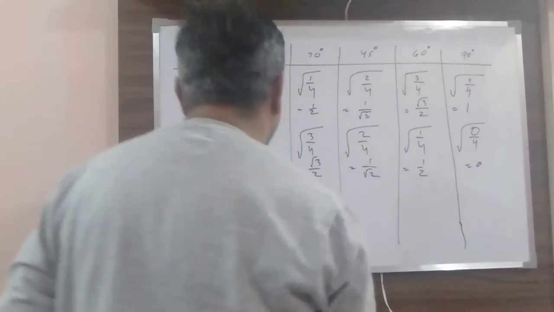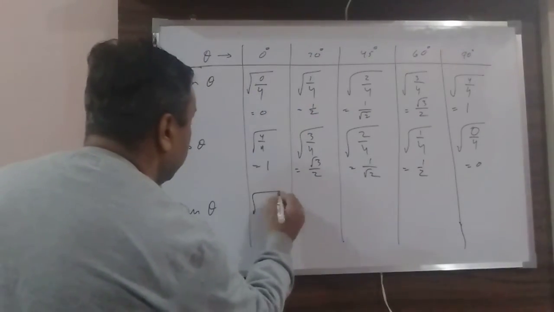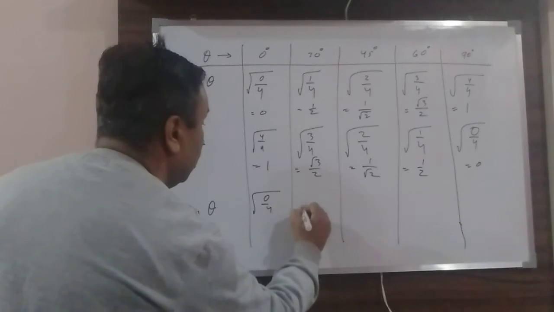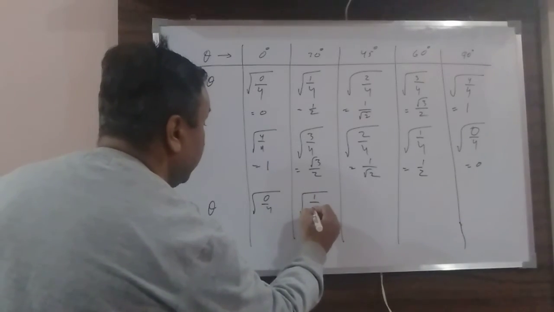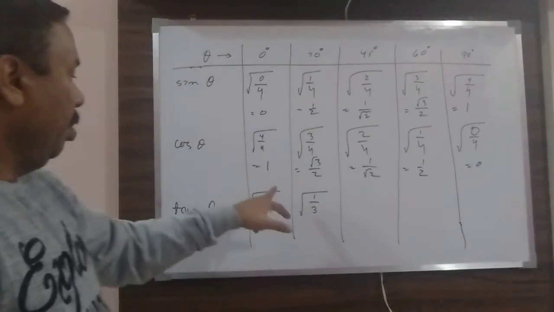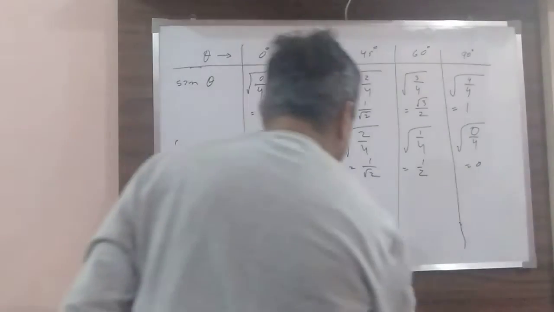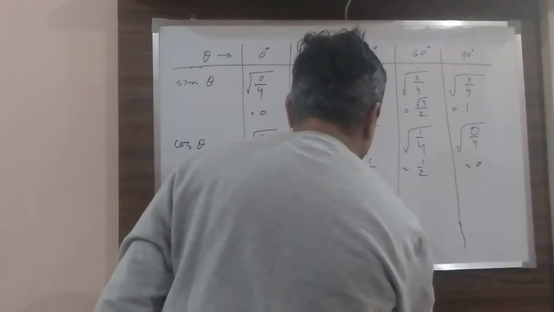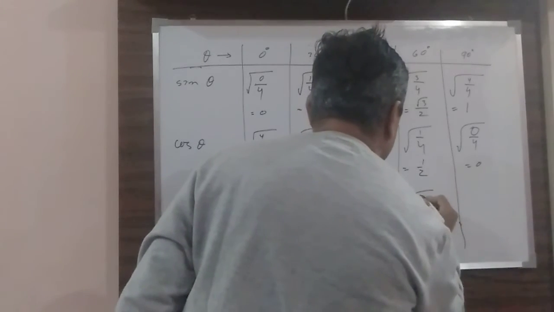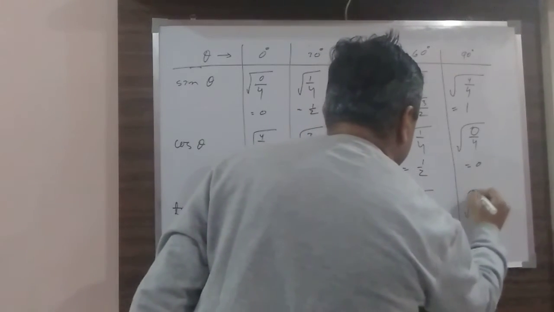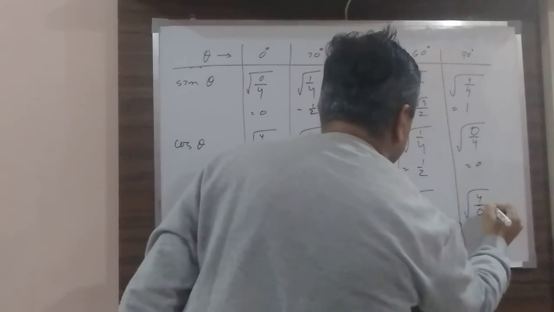So it will become 0 by 4, then 1 by 3. Increase the numerator by 1, decrease the denominator by 1. Then this will become 2 by 2, then 3 by 1, and this will become 4 by 0.